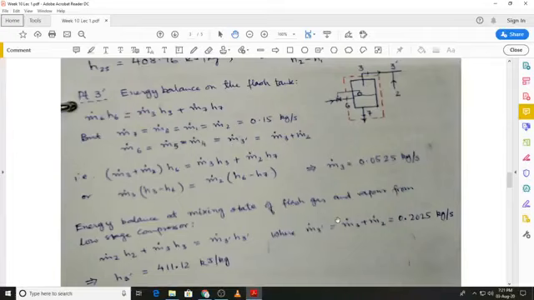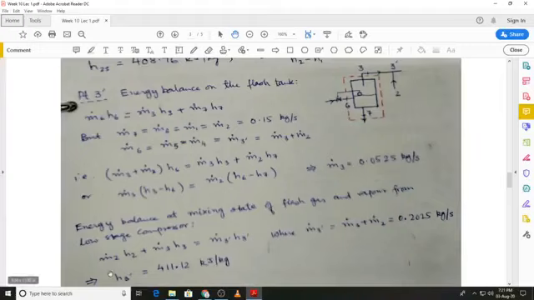Then we can perform another energy balance, and this time it will be the energy balance for the mixing process of the flash gas and the vapor from the low stage compressor. And for that again the energy balance equation is fairly straightforward, that we will have m dot 2 H2 plus m dot 3 H3, and that will be equal to m dot 3 prime H3 prime.